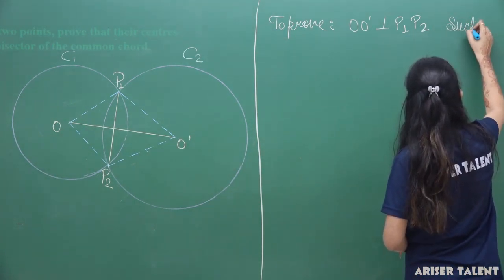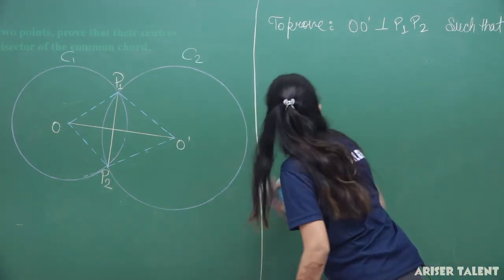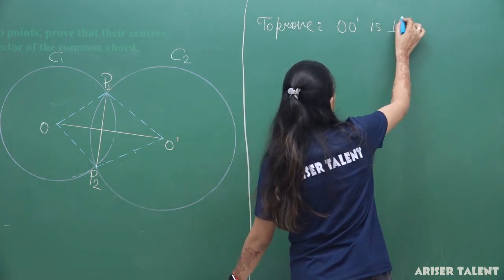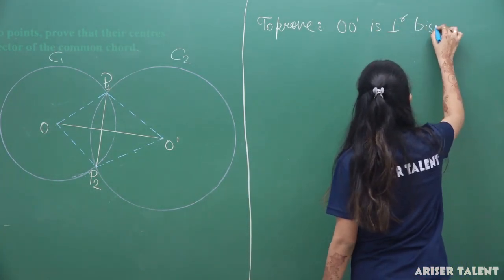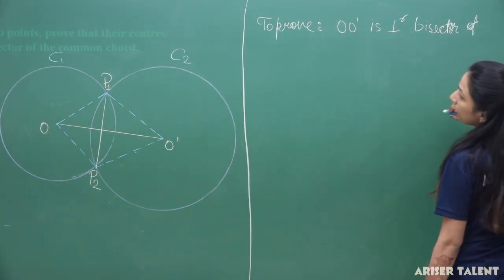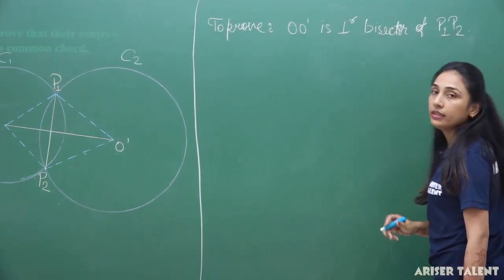Or you can just directly write it, OO' is the perpendicular bisector of P1P2. Okay, this you have to prove.